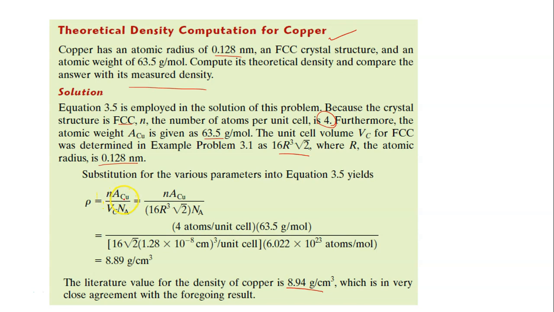ACu is the atomic weight, which is 63.5. Vc, you just use this formula here and substitute the atomic radius for the copper inside, and then NA is the Avogadro number. So you can solve the theoretical density for copper, which is in close agreement with the value that we obtained from the literature.